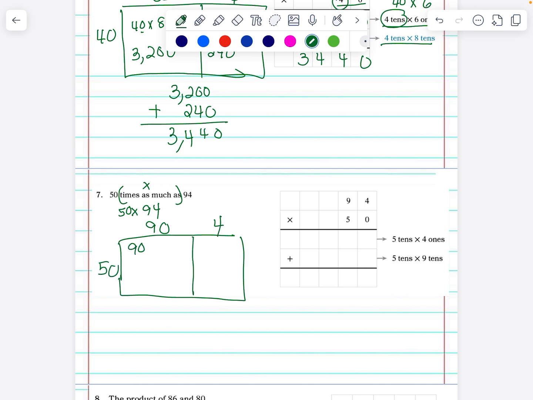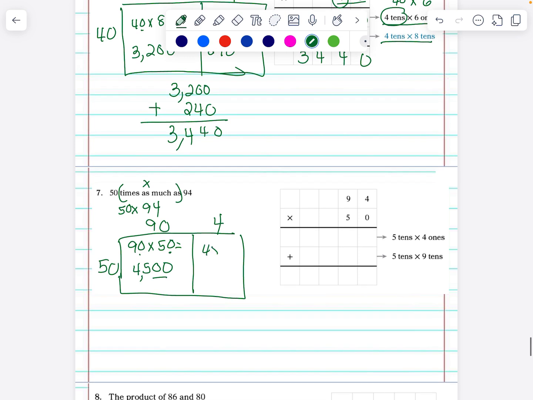So this is 90 times 50 equals 4,500. And then this is 4 times 50, which will give us 200. We're going to add the two together, and we have 4,700.